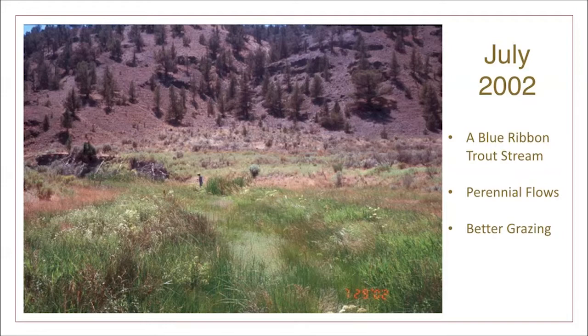Bear Creek is once again a perennial stream that flows year-round, hosting a healthy fish population and providing excellent winter forage for cattle. 25 years of recovery on Bear Creek proves that creeks really do want to fix themselves. If we can identify the hindrance and change it, nothing else may be required.